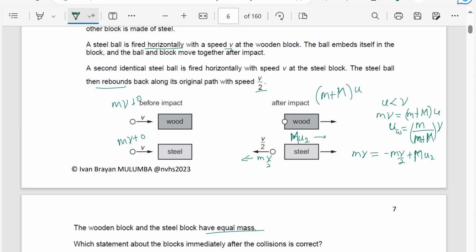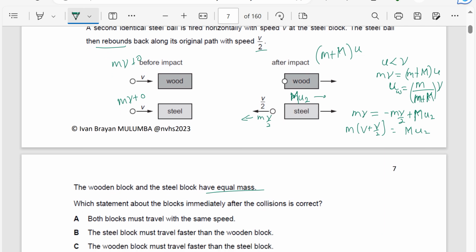So when I collect like terms, I'll have small m into v plus v over 2 is equal to capital M u2.